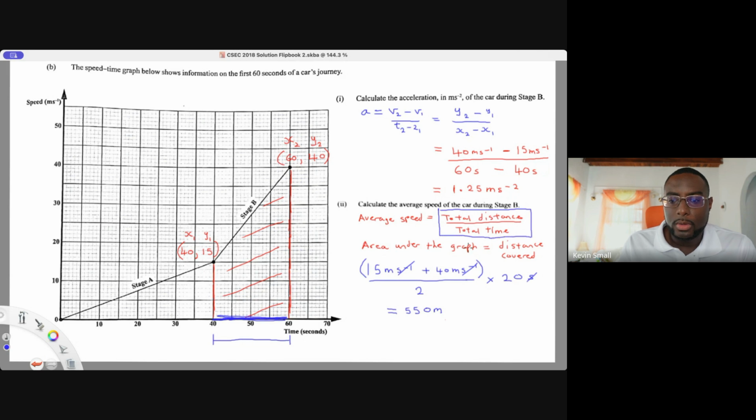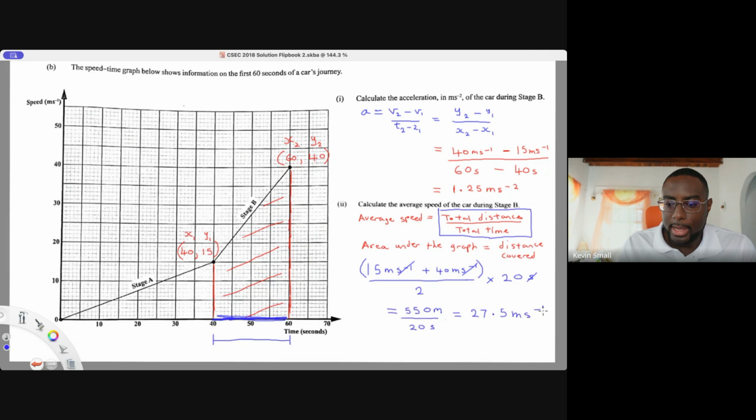Now, again, our goal is to work out the average speed. So our goal is still to work out the total distance divided by the total time that it took in stage B. So 550 divided by the same 20. That is going back to what we had before, which is 27.5 meters per second.